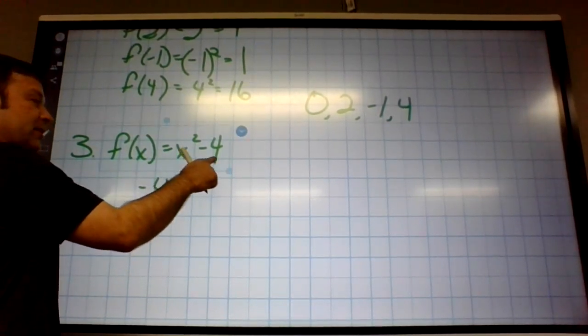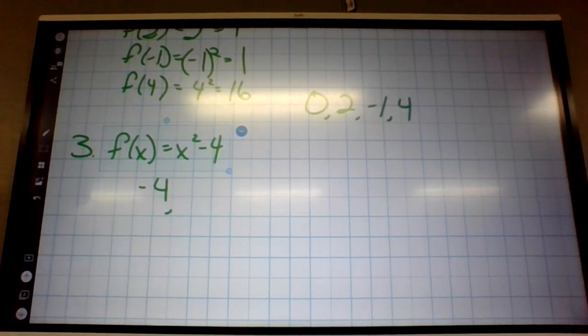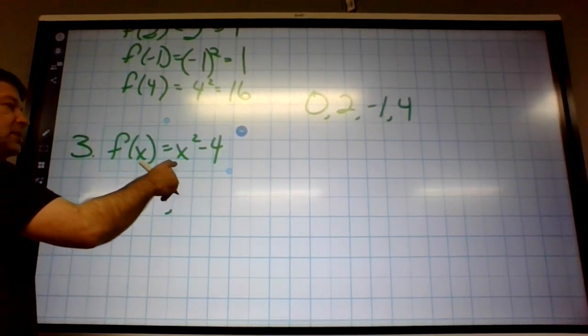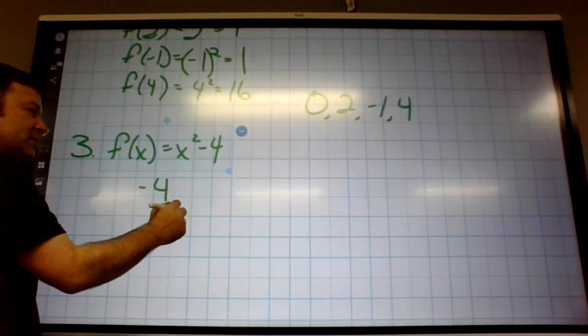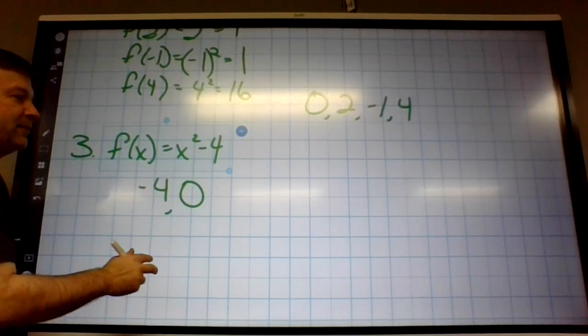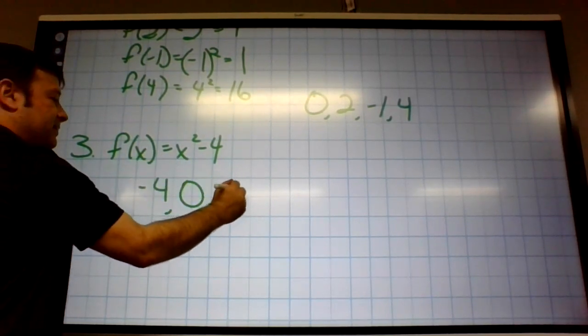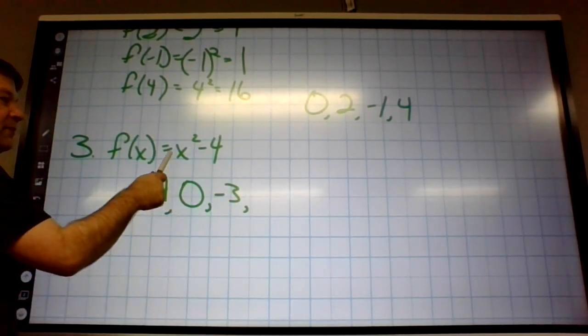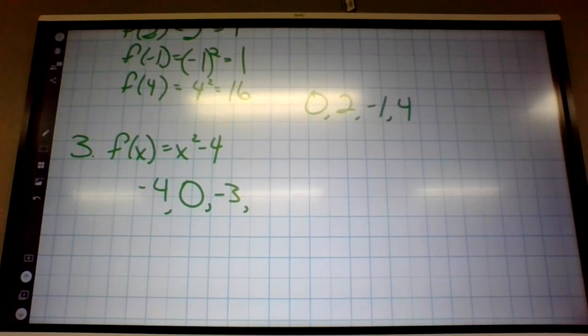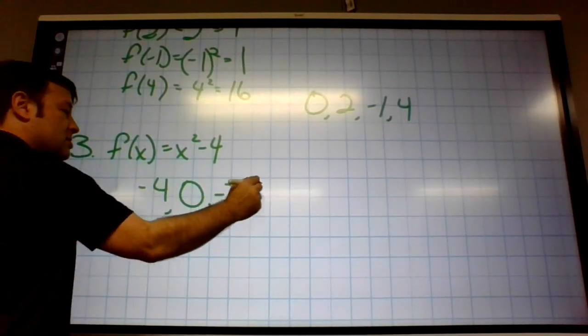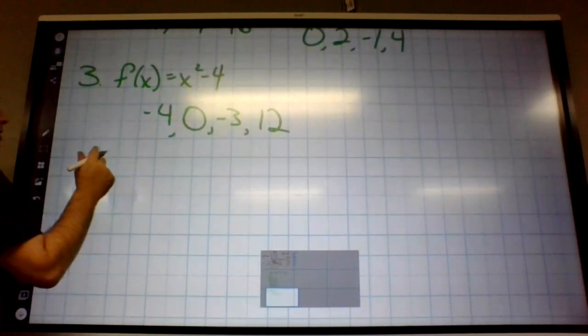Yeah, 0 squared minus 4 is just minus 4. Okay, if I plugged in 2, 2 squared minus 4. I plugged in -1, -1 squared. Negative 3. Yeah. And if I plugged in 4, 4 squared minus 4. 12.